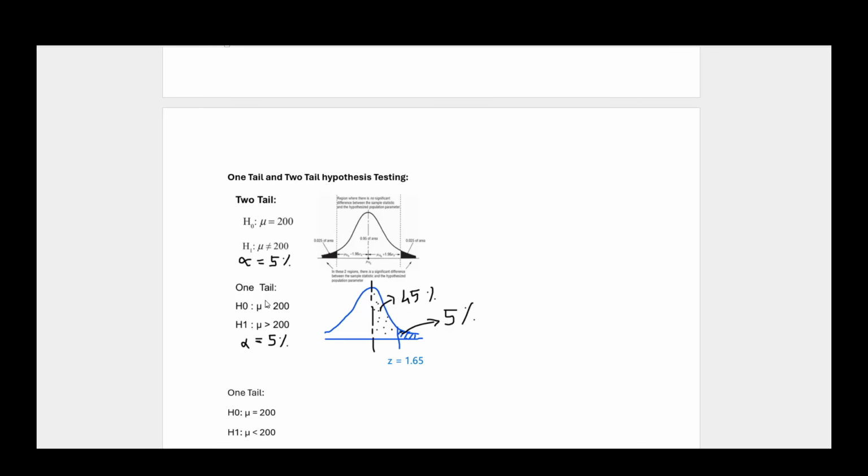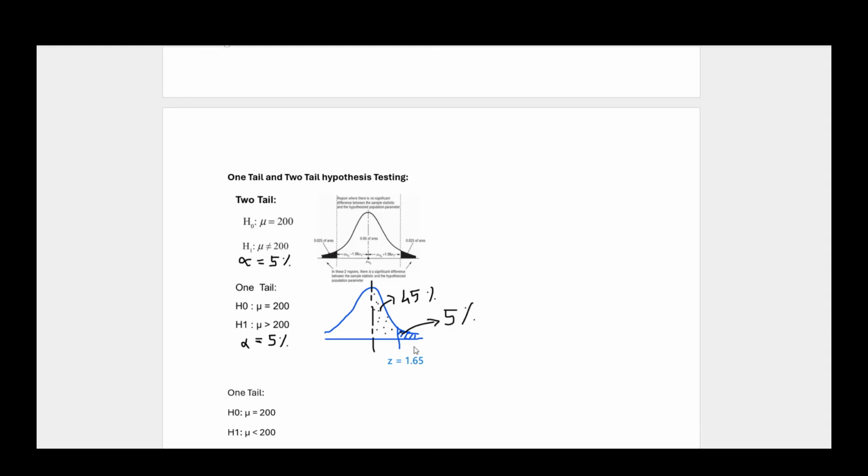Suppose the alternate hypothesis is that mu is greater than 200. The null hypothesis remains the same, the alternate hypothesis is greater than 200, and again alpha is 5%. Then it will be shown like this: in fact we will be using two types of Z, Z calculated and Z table. We will come to that a bit later.